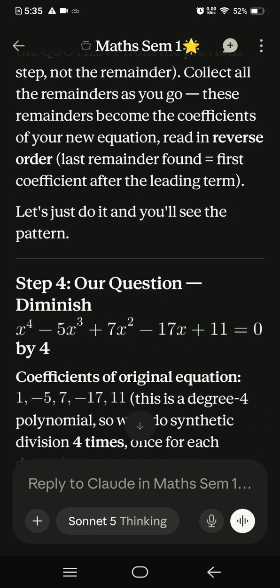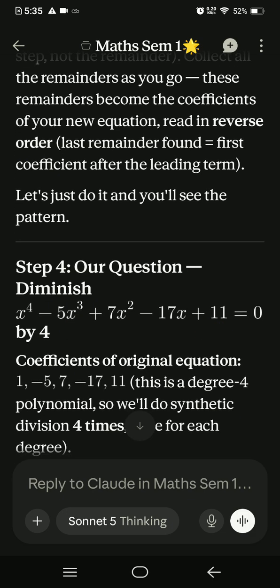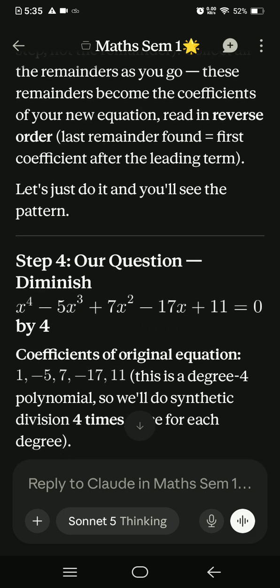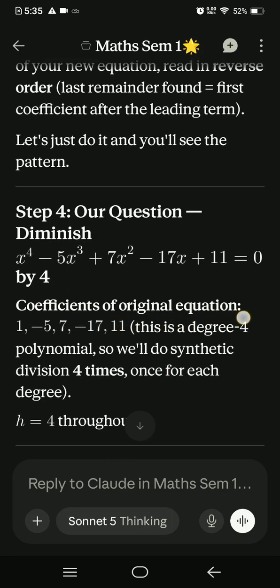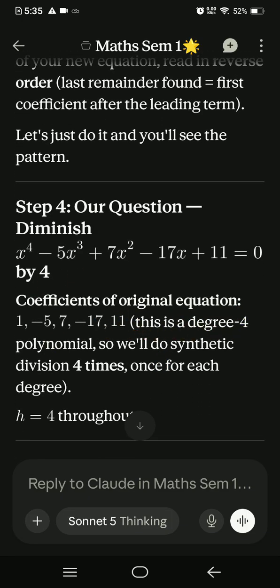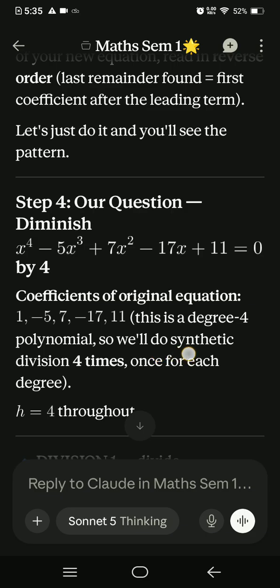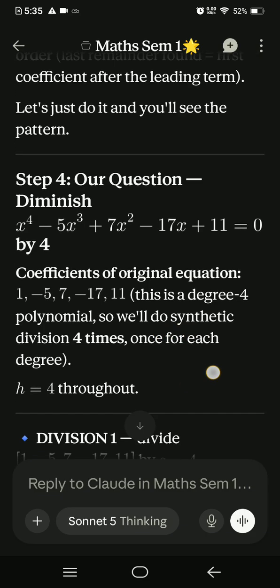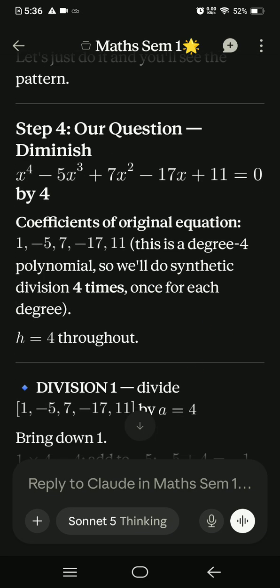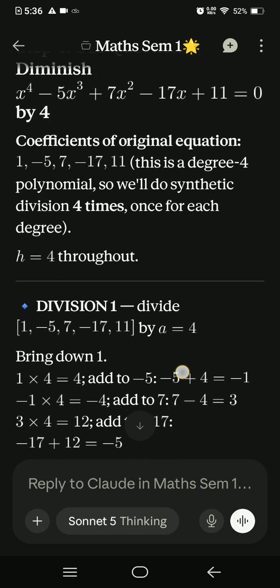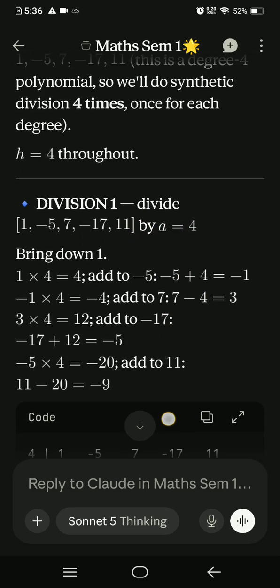Okay, our question, we need a new equation with roots diminished by 4. So the coefficients of the original equation are these. This is a degree 4 polynomial, so we'll do synthetic division 4 times, once for each degree. h equals 4 throughout. Division 1, divide this by h.